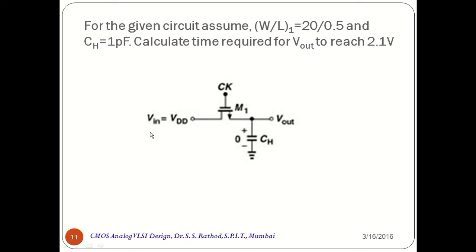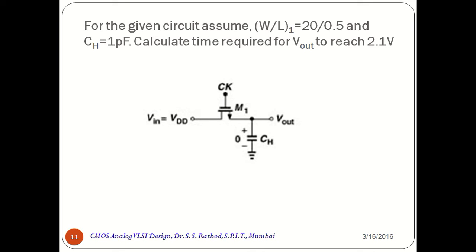That means Vin is equal to VDD and Ck is also equal to VDD. That means the transistor is saturated. Thus we can write the equation as CH dVout by dt is equal to the drain current ID. That is ID is equal to C dV by dt. So ID1 is equal to CH dVout by dt.